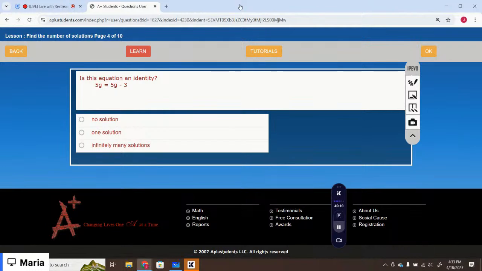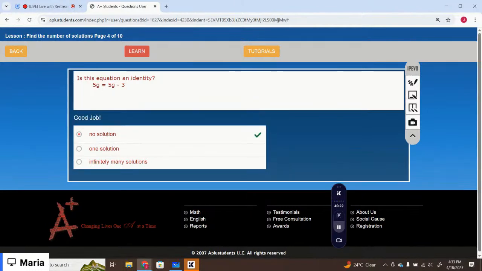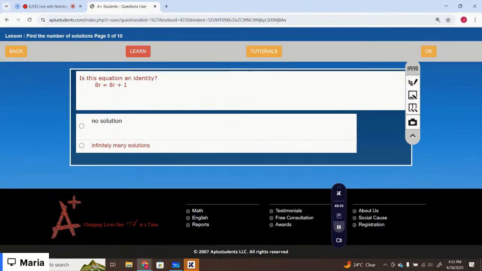The correct option is no solution. No solution.